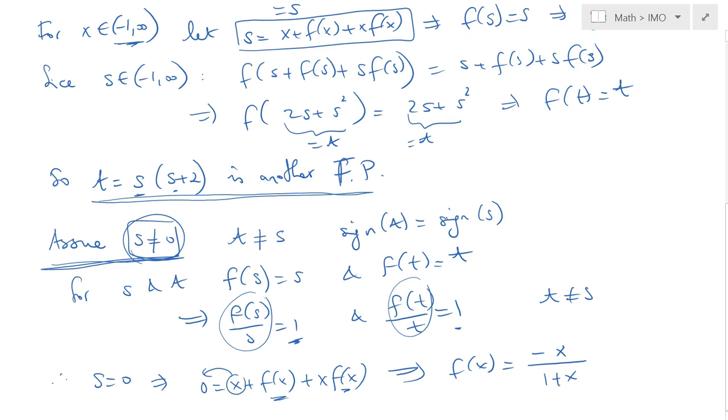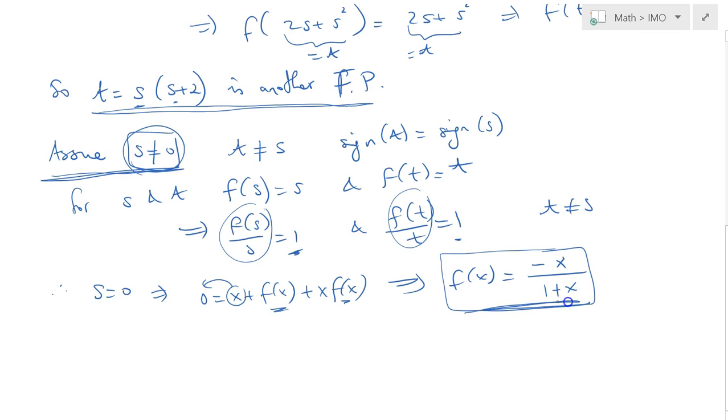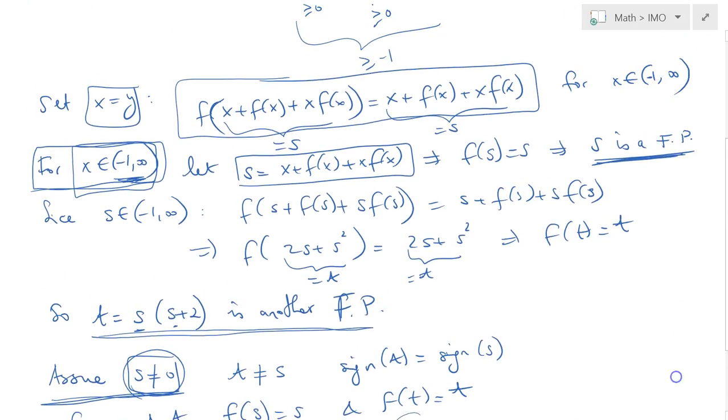And that's the closed form for the function f of x. That's the only solution, because we started with a random choice of x in the domain, and everything was purely general, so we didn't put any additional restriction on the problem.